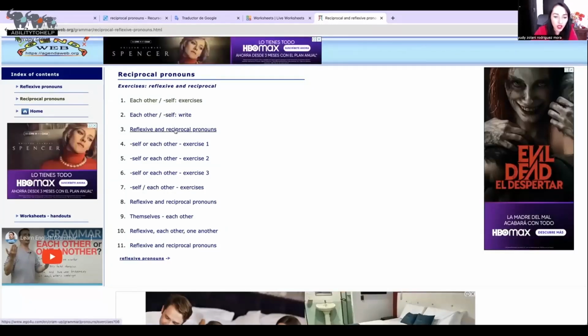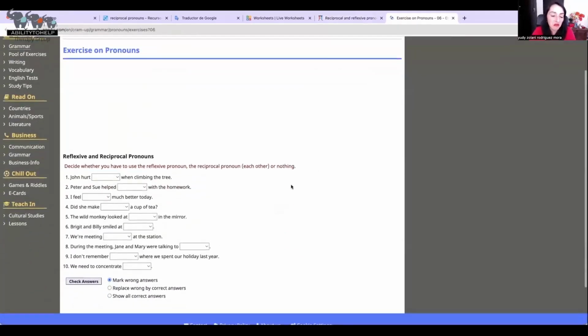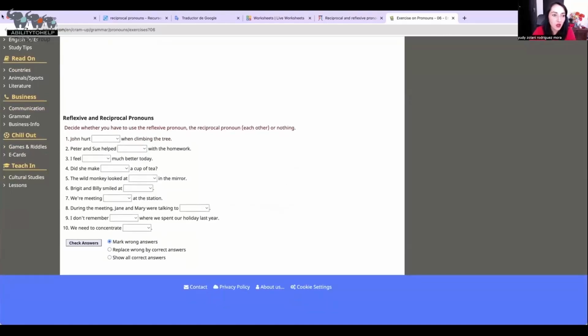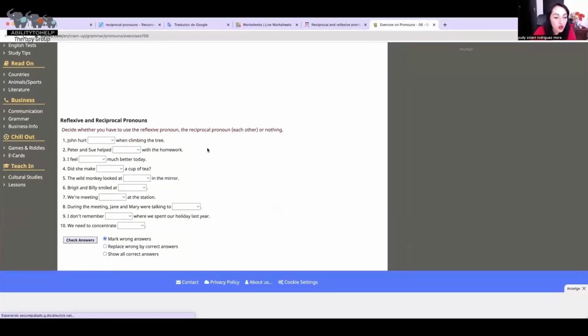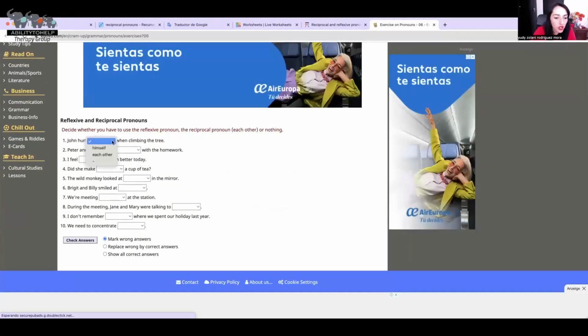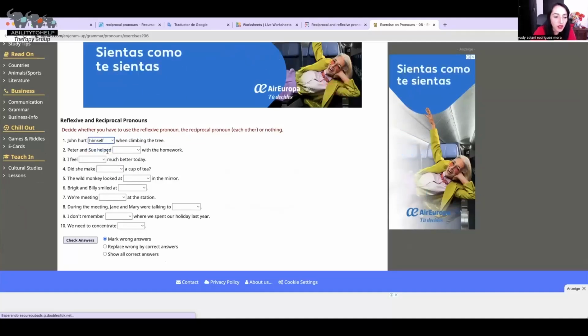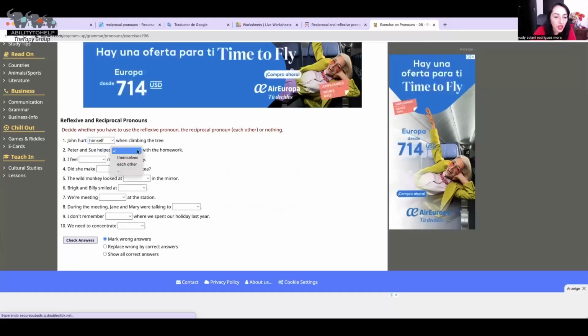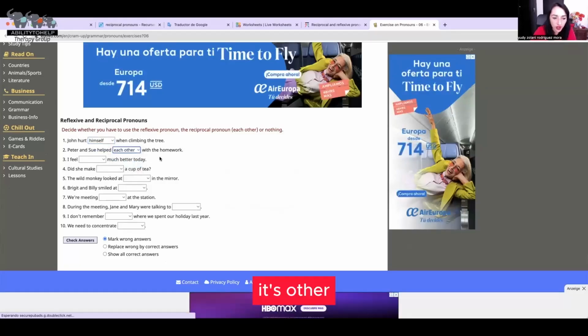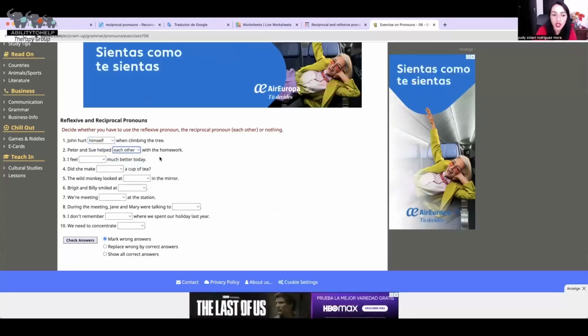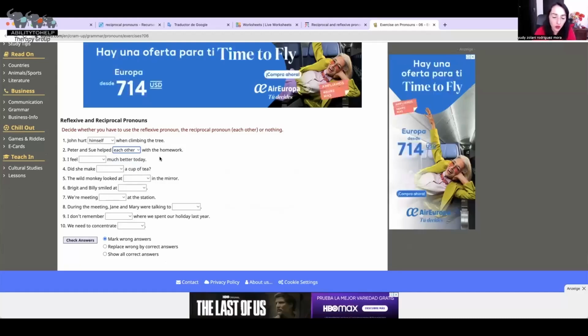Let's do it. And if another pronoun is here, we didn't answer this question. John hurt himself. This is another kind of pronoun. Peter and Sue helped each other, because I'm talking about Peter and Sue.